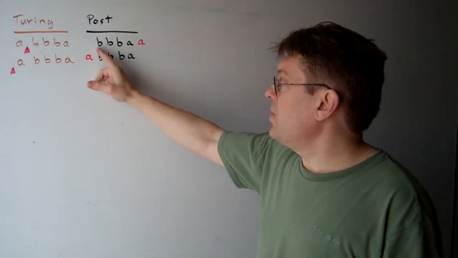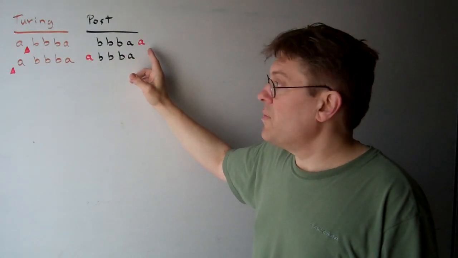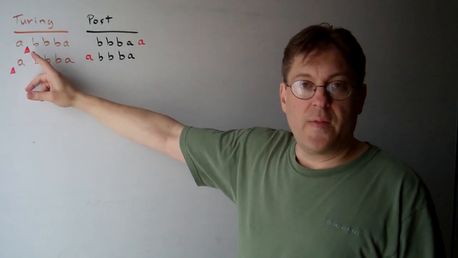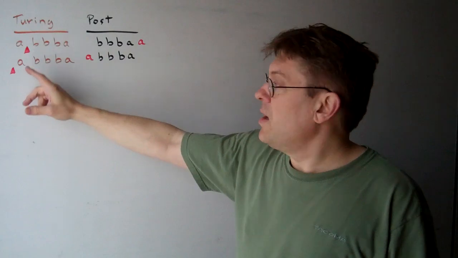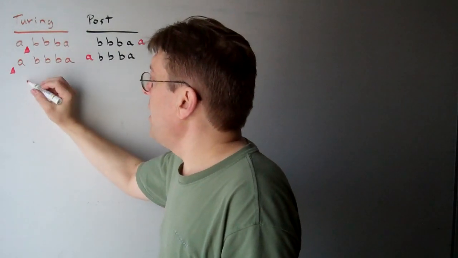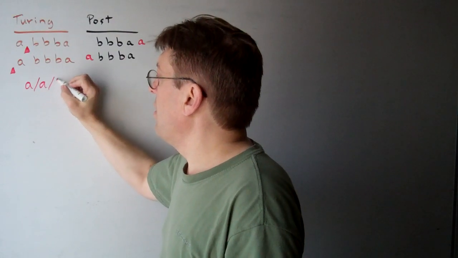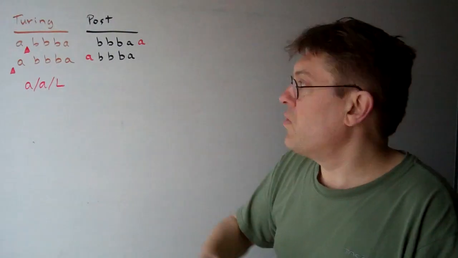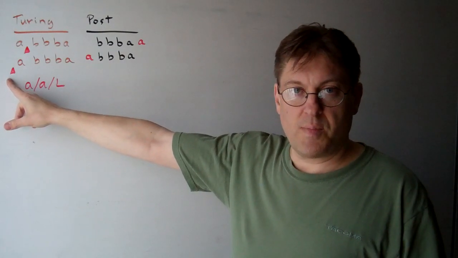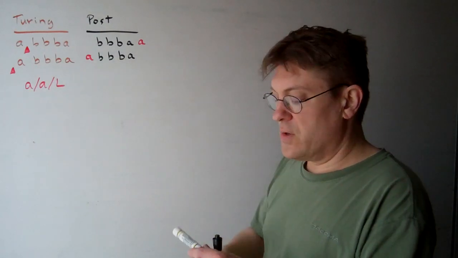It would be in a sequence like this. In a Turing machine you might have A, B, B, B, A, and the tape head is after the A, and you just do A, A, L, and it overwrites that A, and now you move left and you're positioned before the A. That's how you do it in the Turing machine.